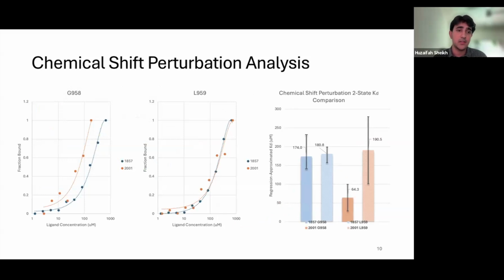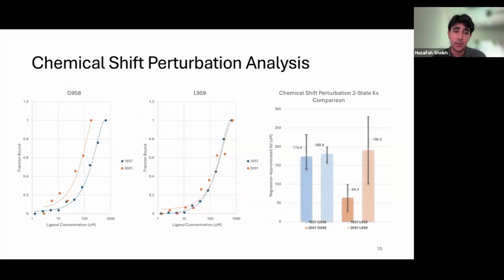So as you can see here, these are our interesting residues, G958, L959. We did the chemical shift perturbation and analyzed our two-state KD comparison. As you can see here, there's actually no significant difference.